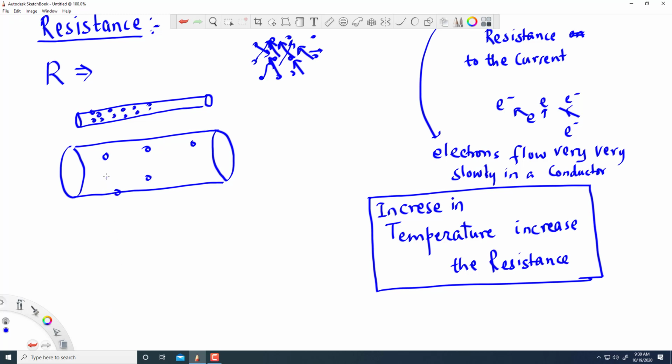So in which one is there higher probability of collision between the electrons? Smaller one, yes. That means there is more resistance here. So resistance is more for the smaller cross section compared to the bigger cross section.